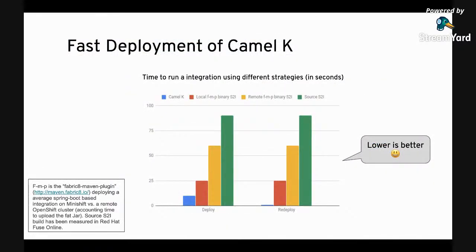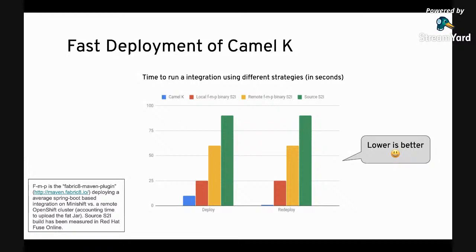Yes, okay, so coming back to what the key goals of Camel K was also to make deployment and redeployment really fast, because the existing model on containers was, when you build a Docker image, it's immutable. So every time you had to do a code change or something like that, you had to do an entire rebuild of that Docker image. And these bars here show, for example, that they take longer time.